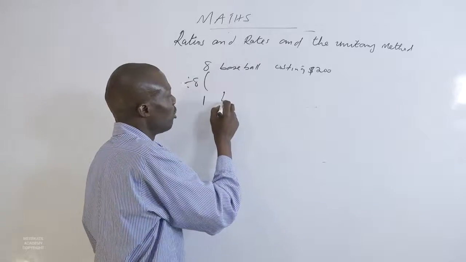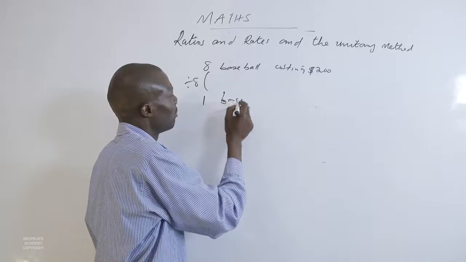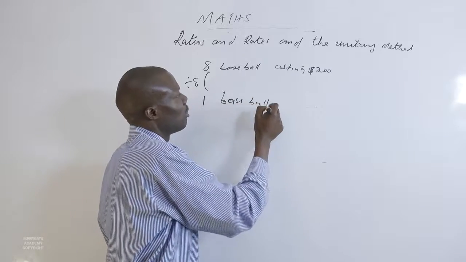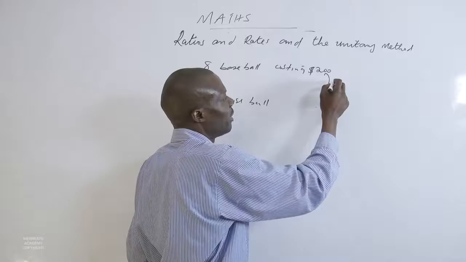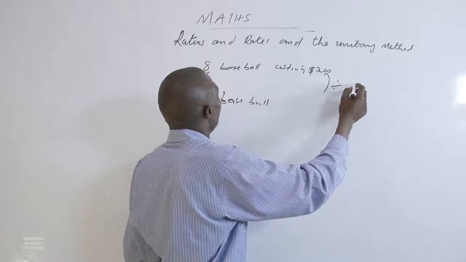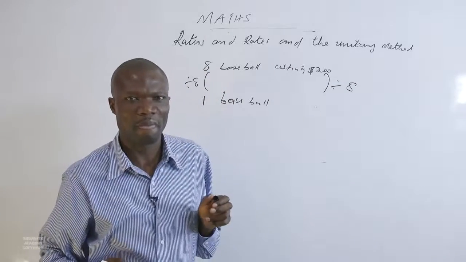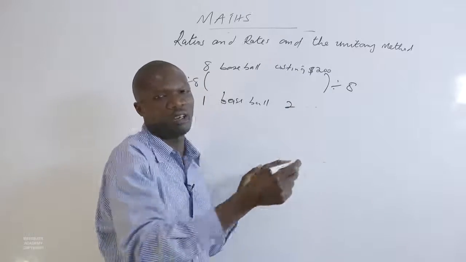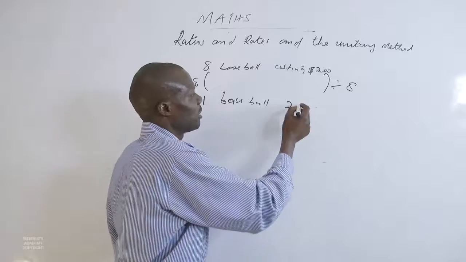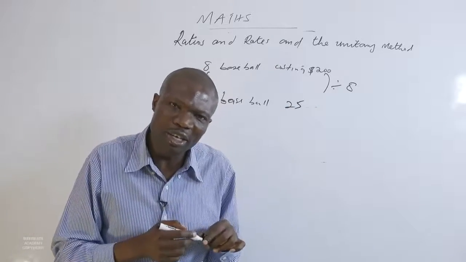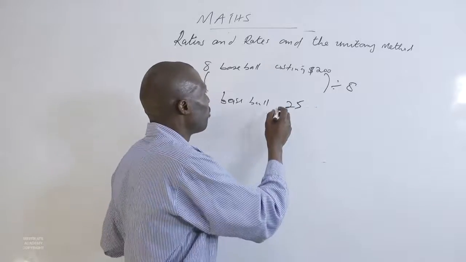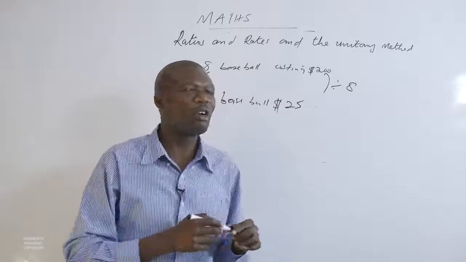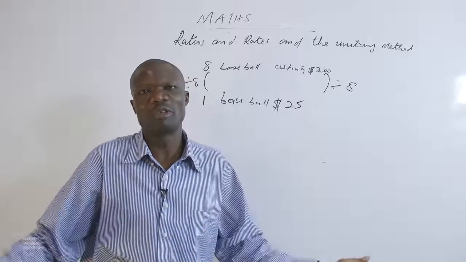So 1 baseball will cost 200 divided by 8. You see? Now, the moment you get that, 200 divided by 8, it will give us 25. The moment you get the cost of 1 baseball, all the other questions that follow you'll be able to answer.